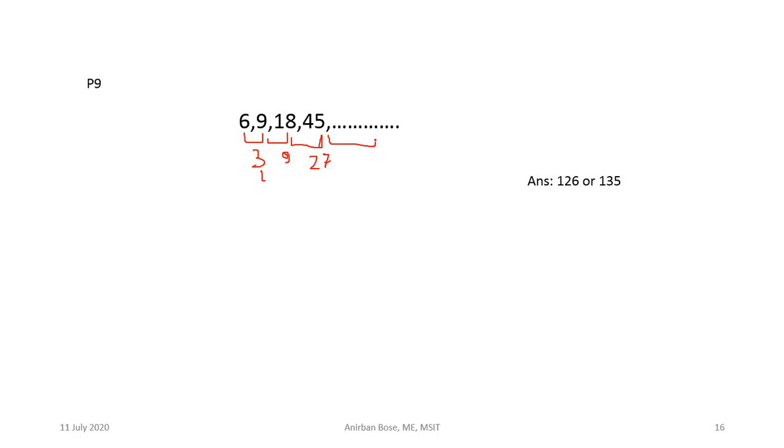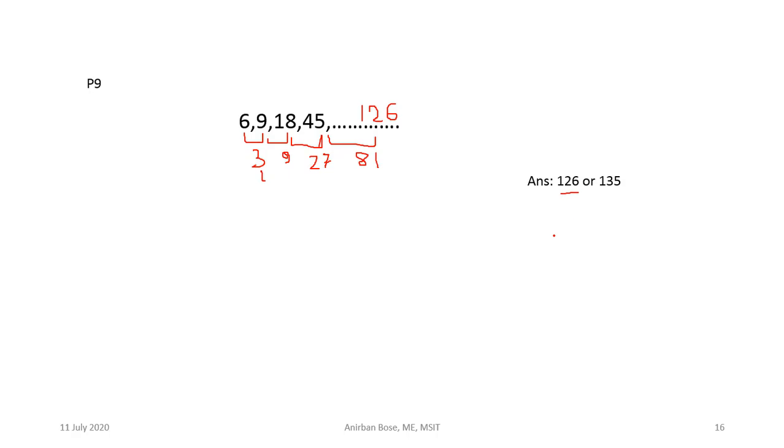So what will be the next term? You can simply find out. It is 3 into 9, 9 into 3, 27. So 27 into 3 is 81, right? And just simply add 45 plus 81, you will get 126. So in this way you can solve the problem.